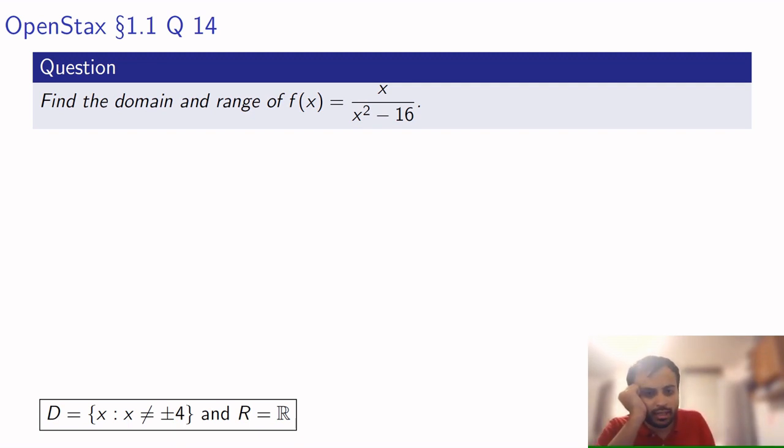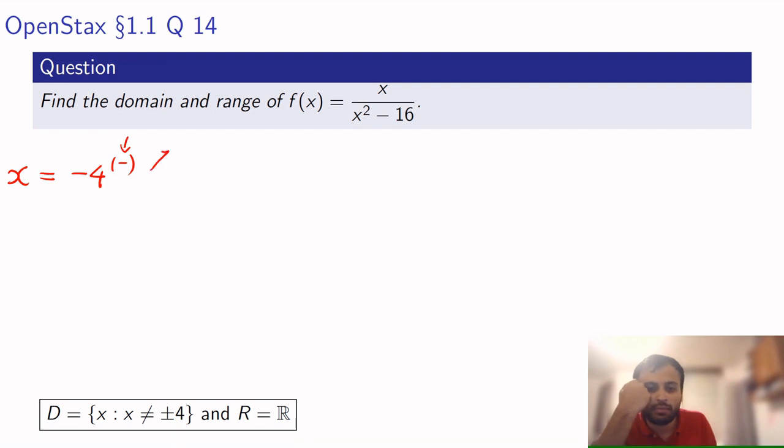Let's say first we'll calculate the value of f of x at a value which is slightly less than minus 4. This is how I'm going to represent it: this minus sign means slightly less than minus 4. Of course, we cannot put exactly minus 4 because that is not in the domain.